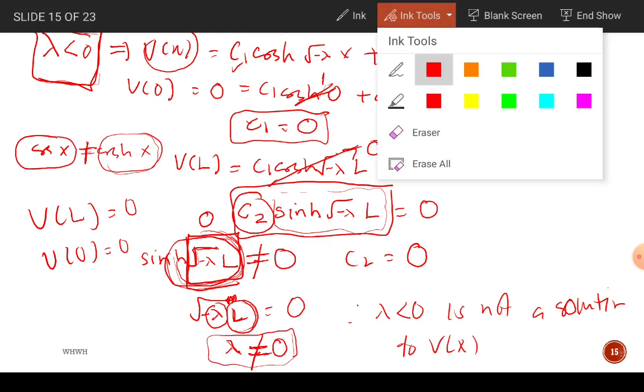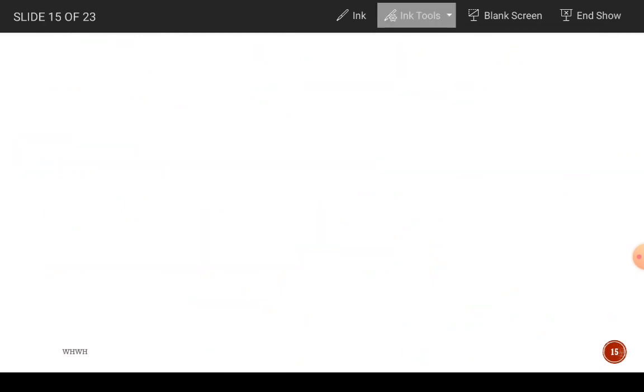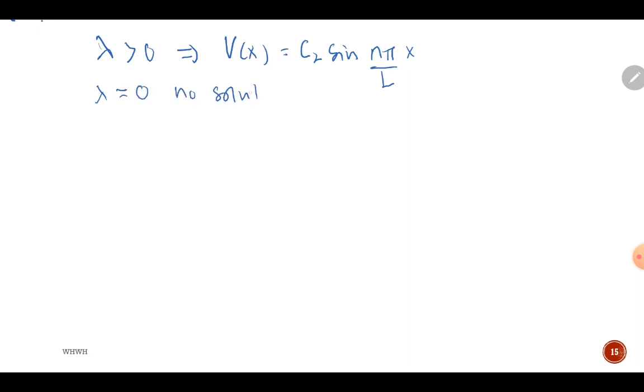So dari sini maknanya as a conclusion, we have for lambda more than 0, our Vx is equal to, tadi kan kita dapat apa? C2 sin n pi x over L, right? For lambda equals to 0, no solution for Vx, kan?